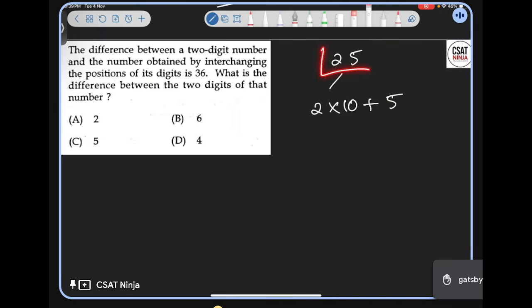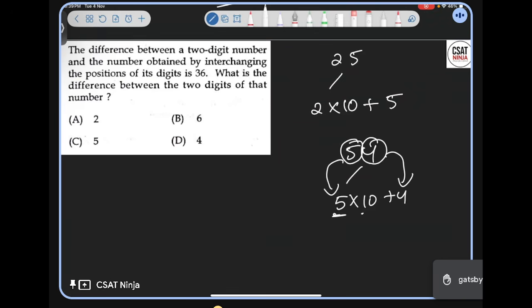So any two-digit number can be written as the first digit into 10 plus the second digit. Similarly, if you have 54, I can write 5 into 10 plus 4. The tens digit here is 5 and the ones digit is 4. So the tens digit into 10 plus the ones digit is the formula. Now I'll write it this way.